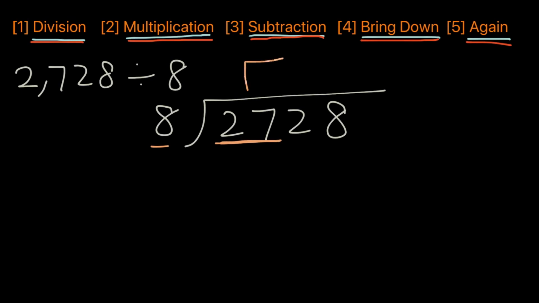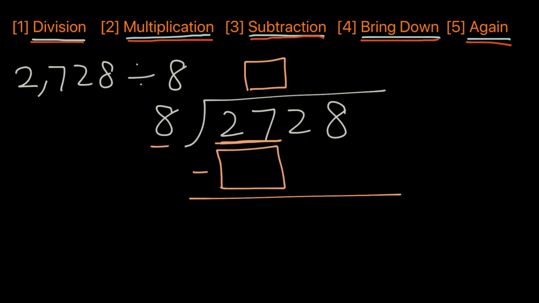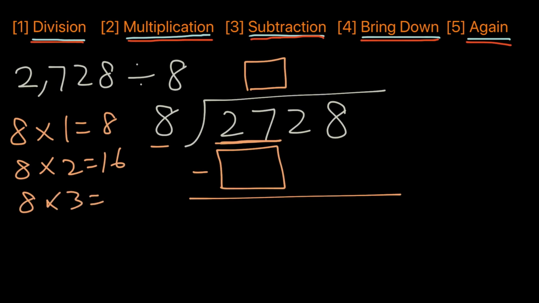And we need to place a number here that will give us a result here, which we can subtract. So through the times table, 8 times 1 is 8. 8 times 2 is 16. 8 times 3 equals 24. 8 times 4, 32.